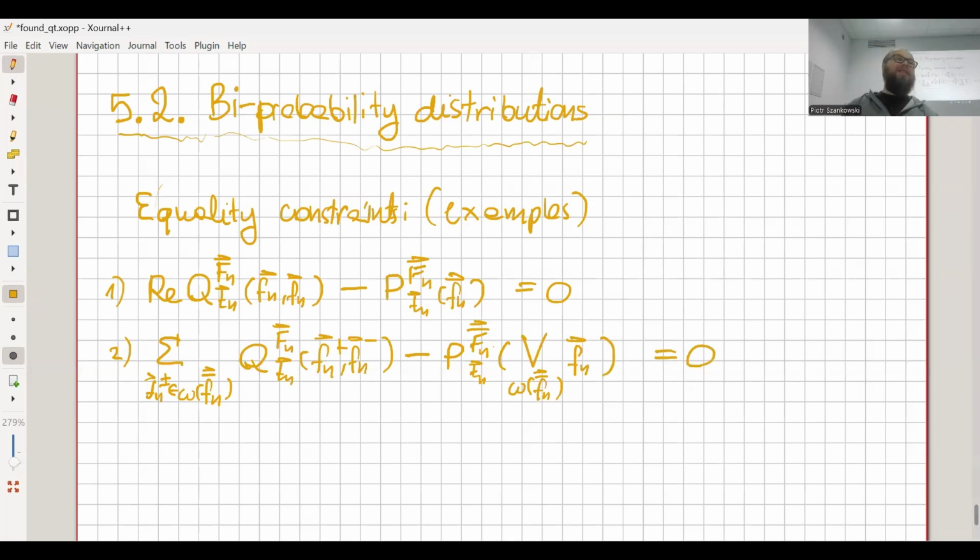That will be a second class of constraints, right? That's a pairwise decomposition, and you can continue.